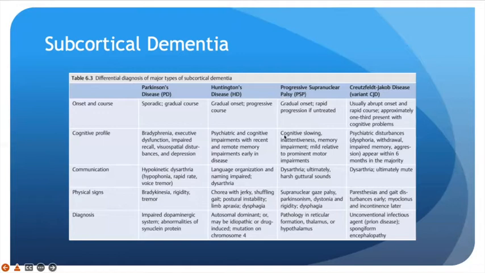With progressive supranuclear palsy, you have cognitive slowing, reduced attentiveness, and memory impairment. The cognitive impairments are mild relative to the prominent motor impairments, but they are there. With Creutzfeldt-Jakob disease, there are psychiatric disturbances and also impaired memory. So these subcortical dementias also have cognitive deficits associated with them.